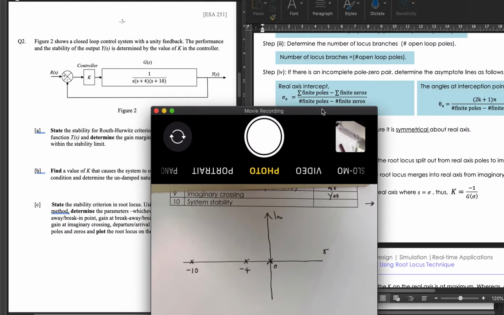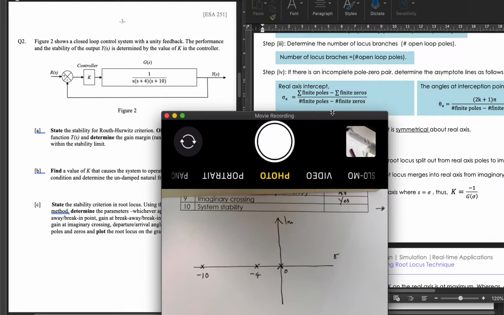Okay, so we have 0, minus 4, plus minus 4, plus minus 10, right? That is the summation of finite poles. Zeros, we have no zeros there.